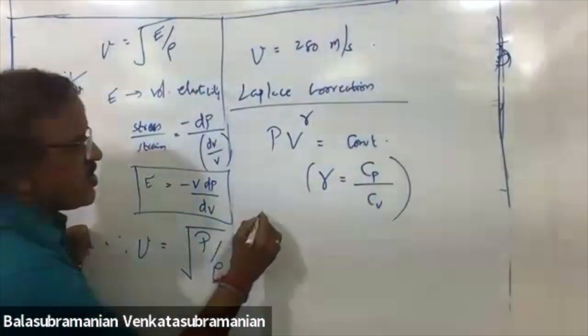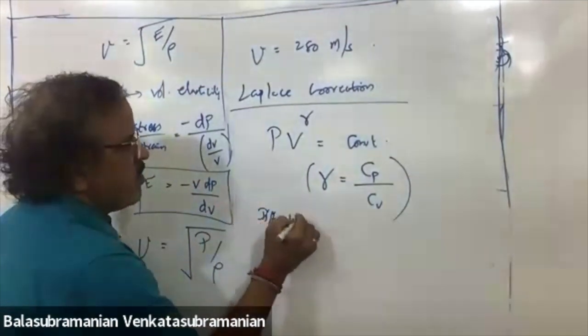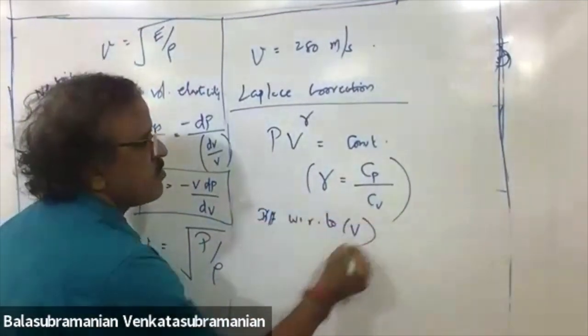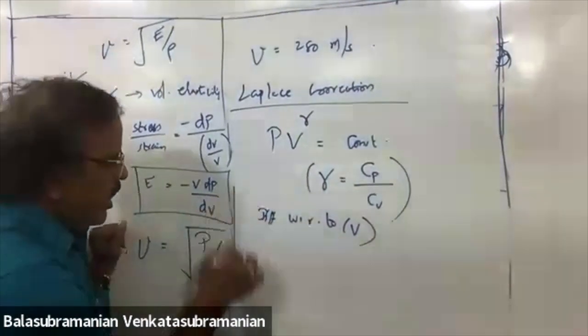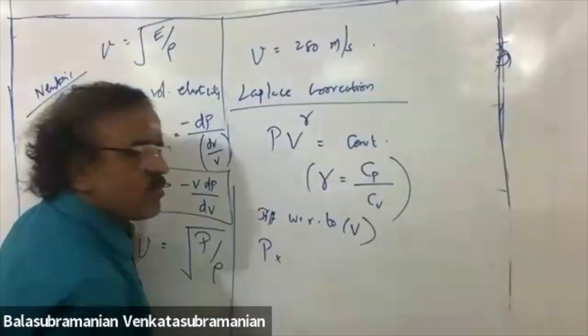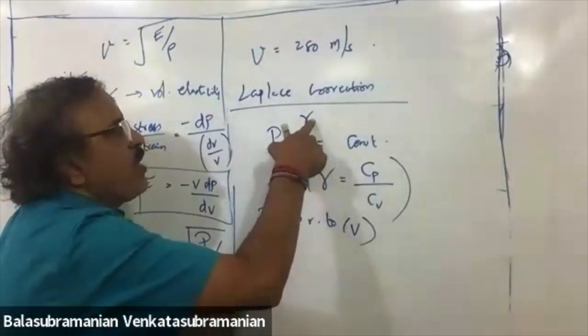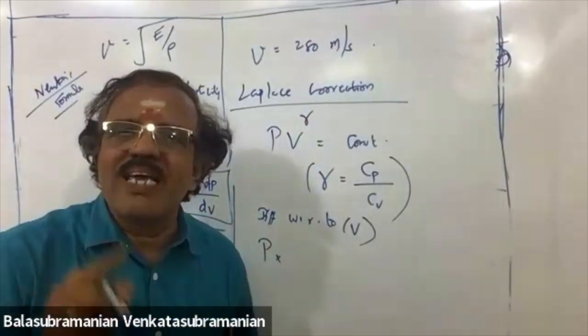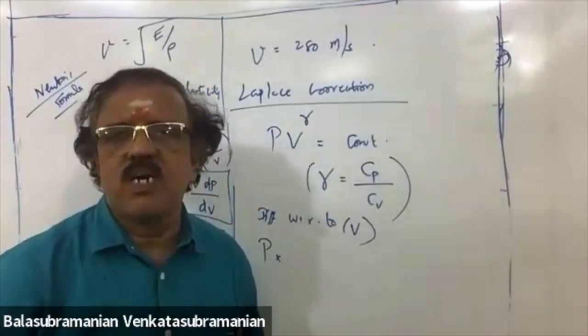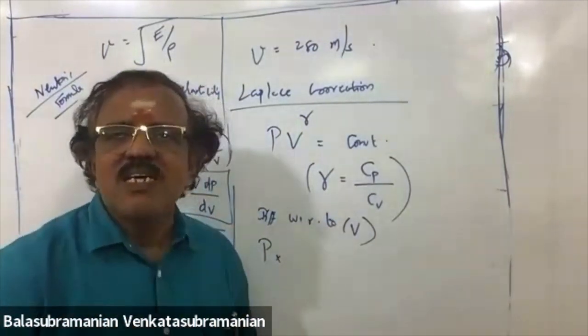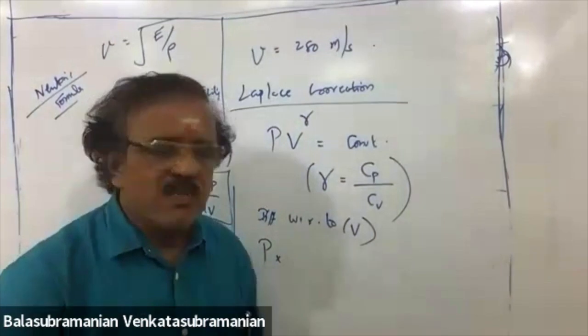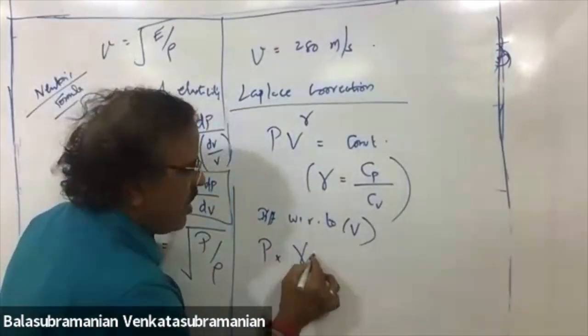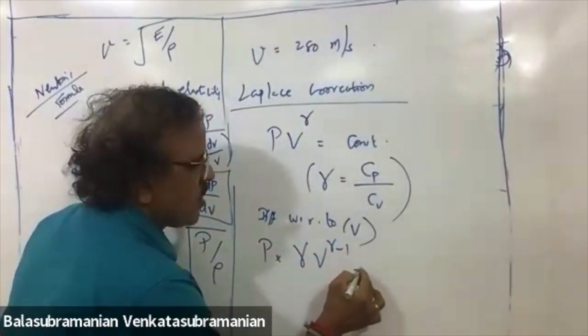Again, differentiate with respect to volume, keeping P constant. Differentiate V power gamma. V power gamma is nothing but x power n. Differentiate x power n, n x power n minus 1. Like that, gamma V power gamma minus 1.